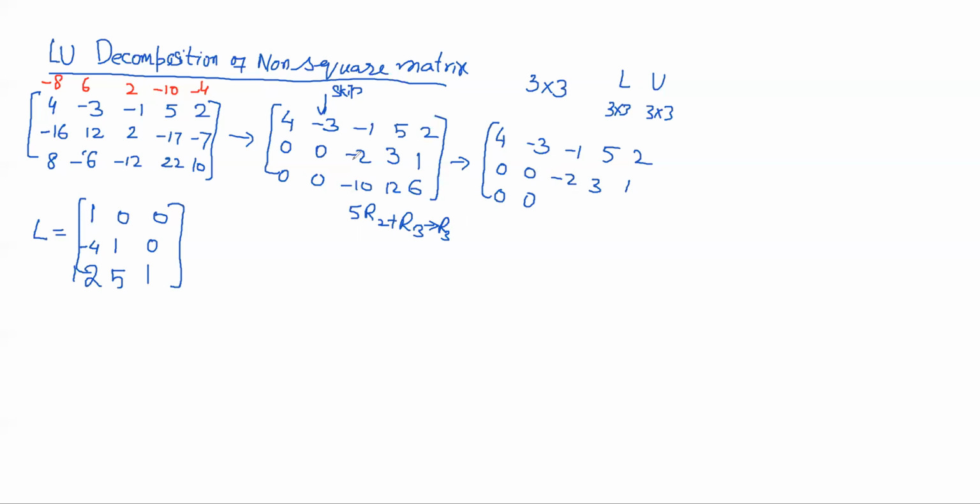So 5 times R2 will be 10, minus 10, that will be 0. And then 15 plus 12, that will, I'm sorry, shouldn't it be minus 5? Yes, it should be minus 5.